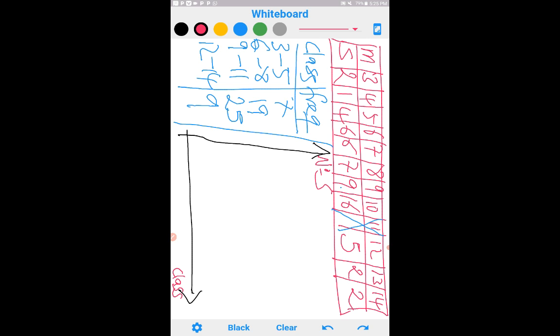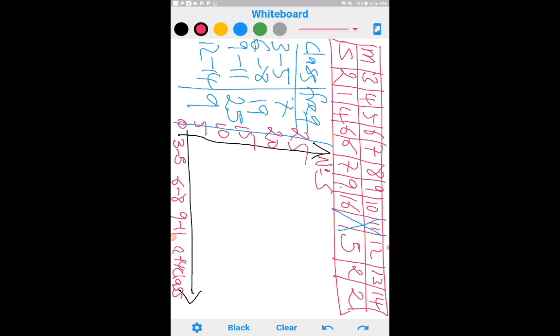So the classes now, you have 3 to 5, 6 to 8, 9 to 11, and 12 to 14. So here now you can put intervals of 5. You have 0 here, 5, 10, 15, 20, 25.